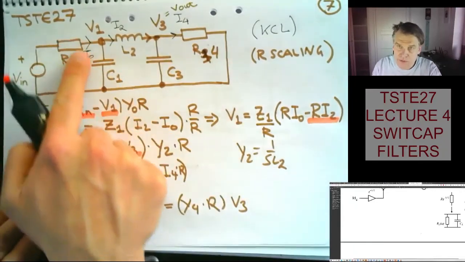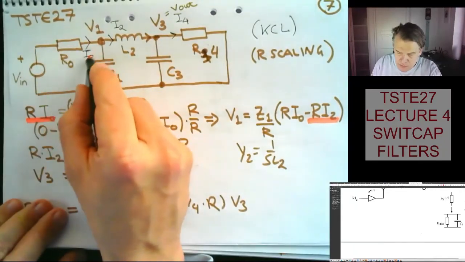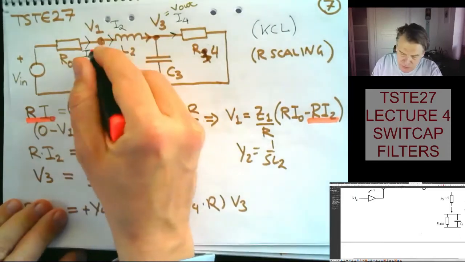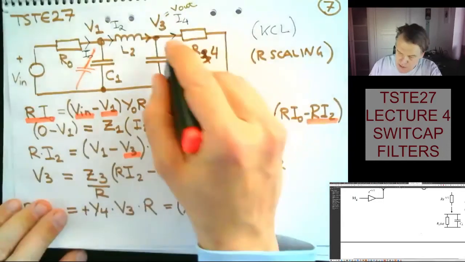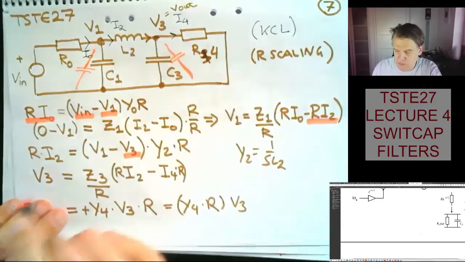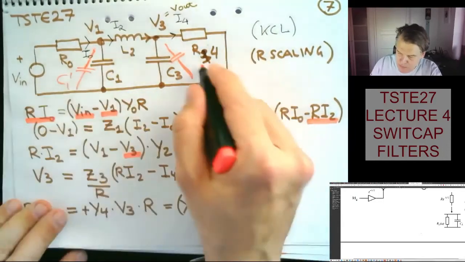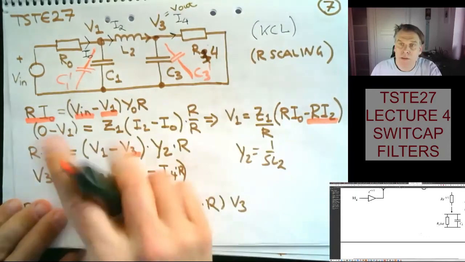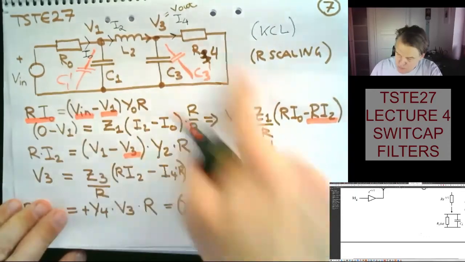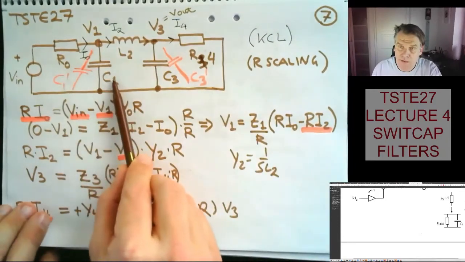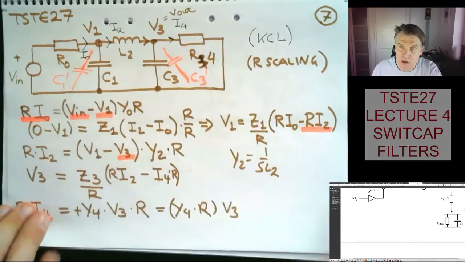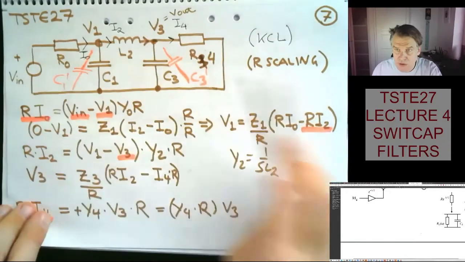So this resistor then, due to this Z half insertion, will give us an additional capacitance here and an additional capacitance here, C1 prime and C3 prime. So from a design point of view, that just implies that this C1 changes a little bit and C3 changes a little bit. Otherwise, the structure is the same.